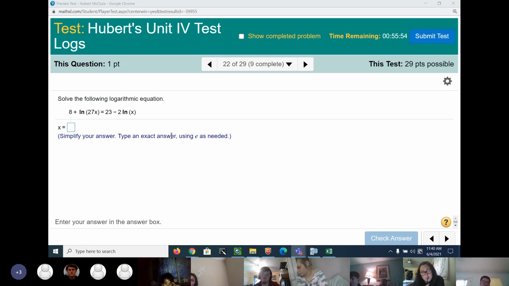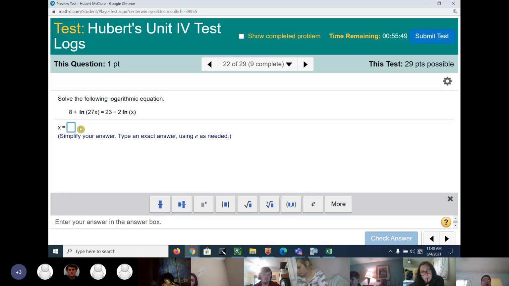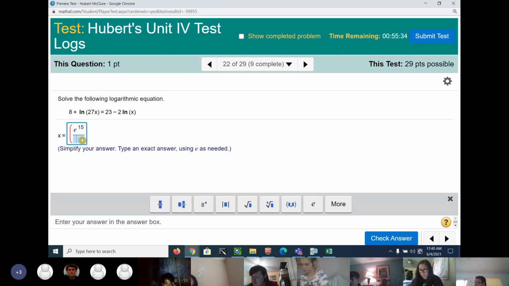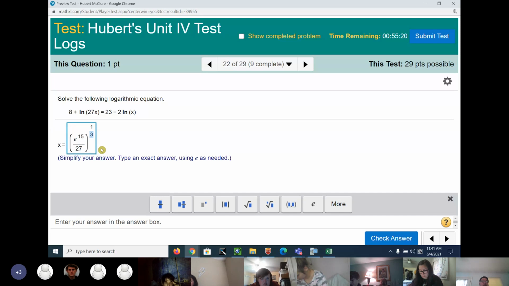So I'm going to put parentheses, fraction, e to the 15th over 27, close parentheses, shift up to the 1 divided by 3 power.